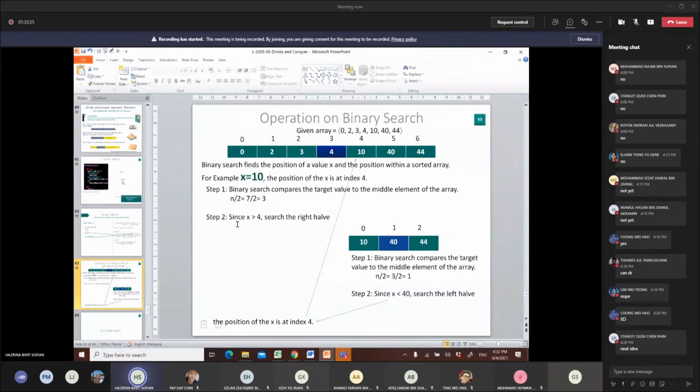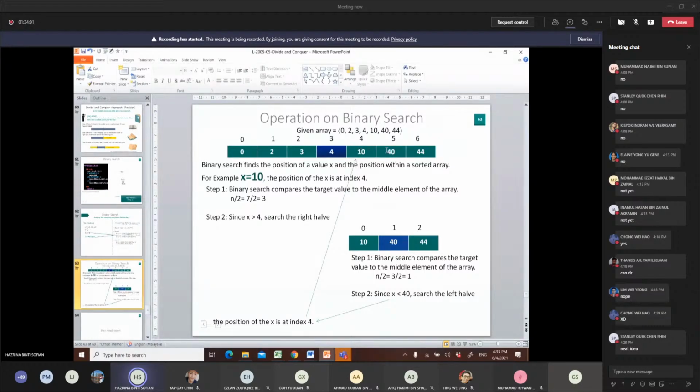So it will be 3 that is the middle index. At step 2, we see that the middle value is 4. Right now our x is 10. Since x is bigger than 4, we need to search the right half, so we can exclude this.